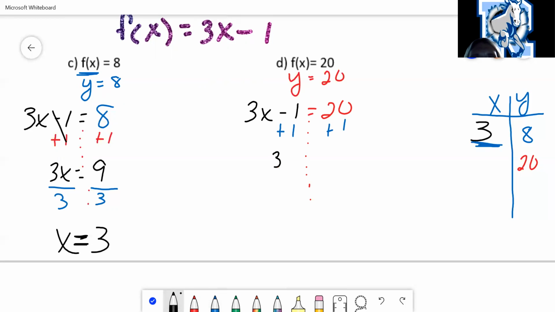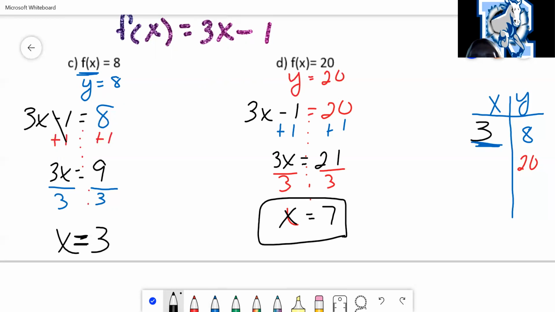I get 3x equals 21. Then I will divide by 3, and I get x equals 7. So that's actually my answer. My answer is x equals 7. If you looked for it in the calculator, when you found 20 in the y spot, you would find that that matched up with x to be 7.